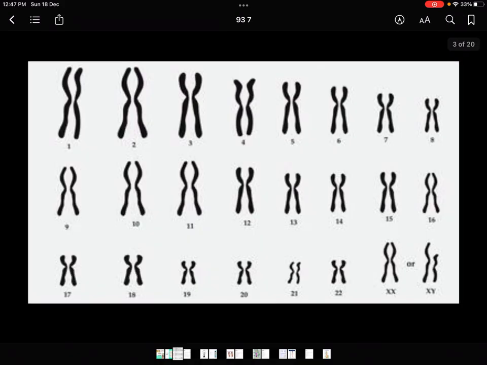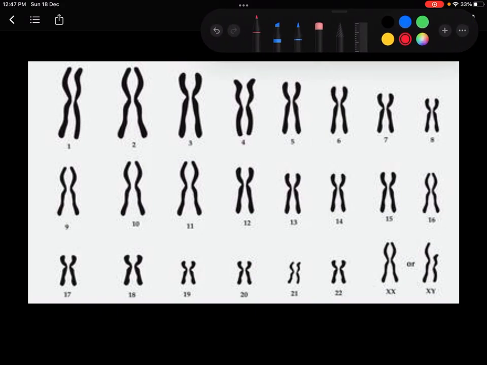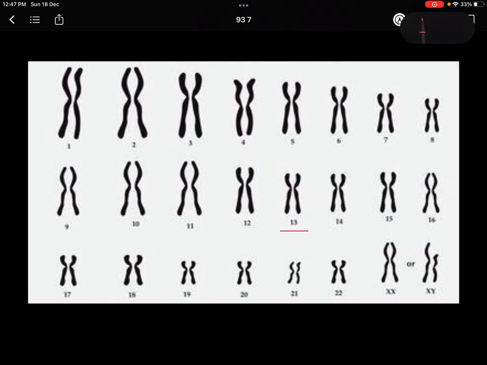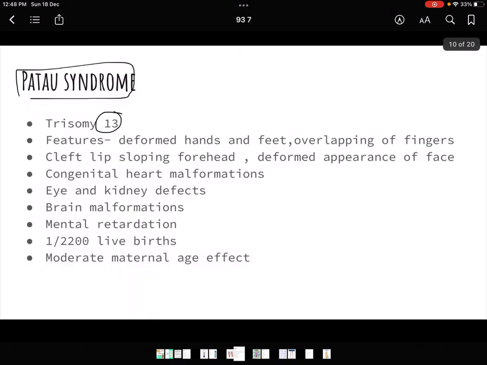So if this is the chromosome number 13, this is the normal, but in this case there is trisomy, so it has one extra, so it looks somewhere like this, right? That means it should have been 2, but there are 3, and this causes the mutation in chromosome number 13.